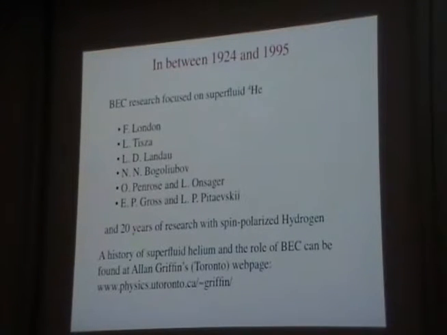Unfortunately, after spending 20 plus years working on the system, they actually didn't achieve BEC in spin-polarized hydrogen until after the atomic gases that other people were working on, laser-cooled gases. Still, a lot of their work influenced the strategies that people use with laser-cooled atoms, so it's worth mentioning. Also, if you want to, there's a very nice history of the relationship between BEC and superfluid helium on Allan Griffin's webpage. He's a professor at the University of Toronto and an old-time liquid helium theorist.